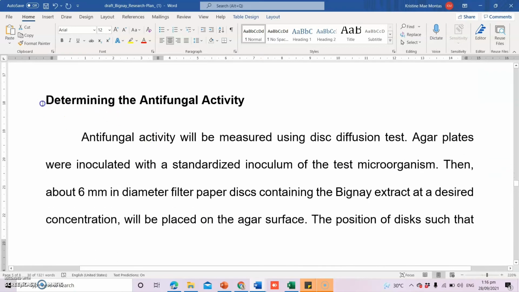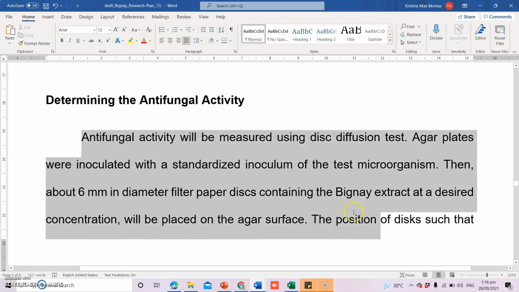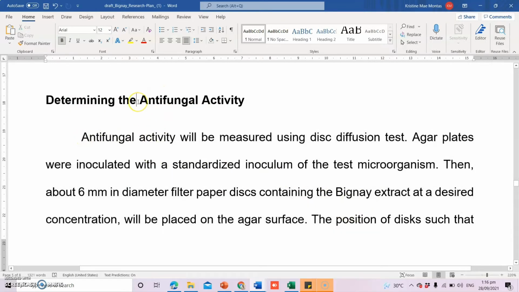And then, of course, after that, determining the antifungal activity. Kailangan isusulat nyo rin dyan, paano mo ma-identify or paano mo ma-determine yung antifungal activity? Sabi dito, antifungal activity will be measured using disc diffusion test. Agar plates were inoculated with standardized inoculum of the test microorganism.